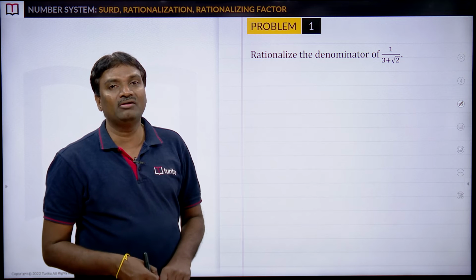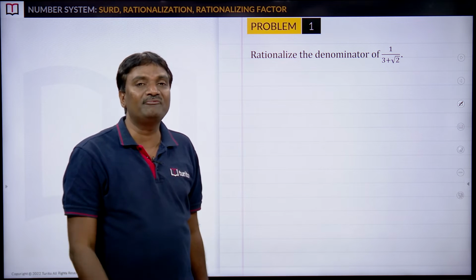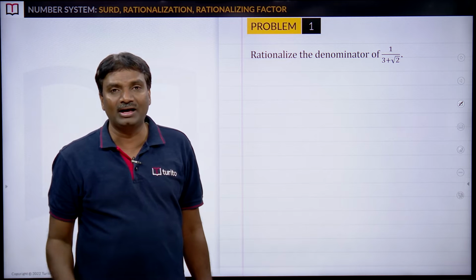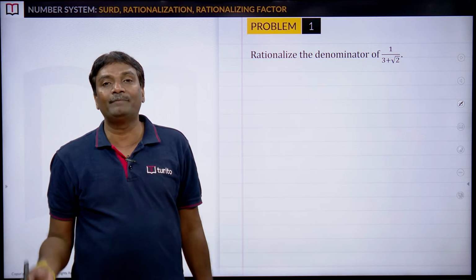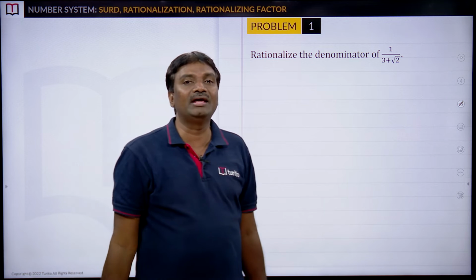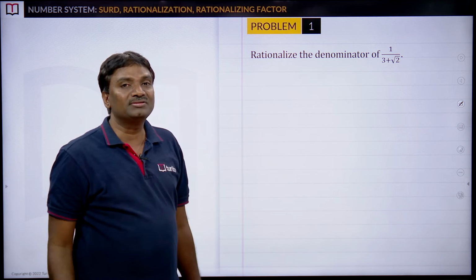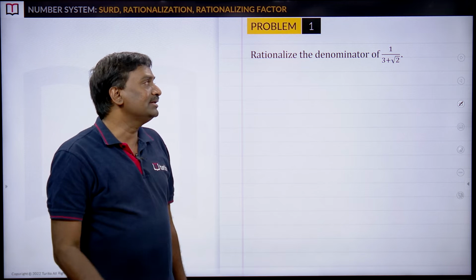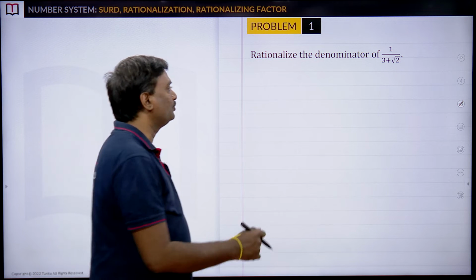So, what is the meaning of rationalization? When the denominator of the given fraction is an irrational number, then by multiplying the numerator and denominator by a suitable number, we change the denominator into a rational number. Since the denominator is 3 plus root 2, we know the rationalizing factor, RF, of 3 plus root 2 is 3 minus root 2.